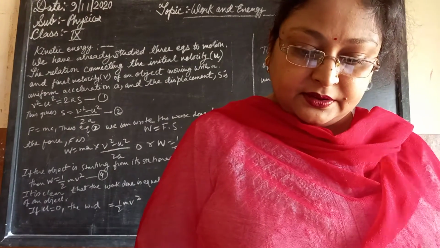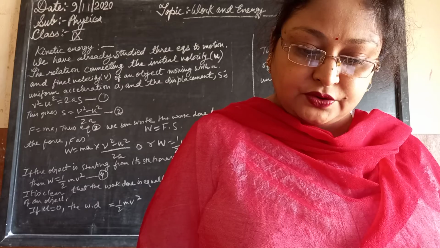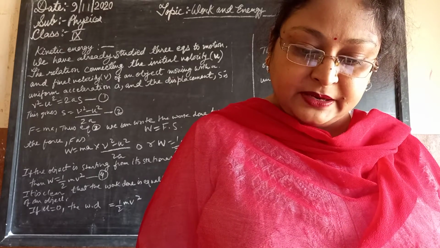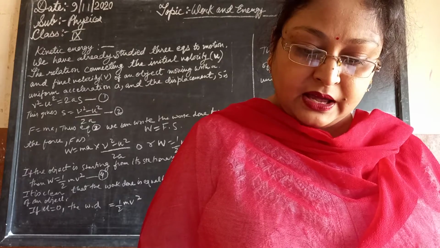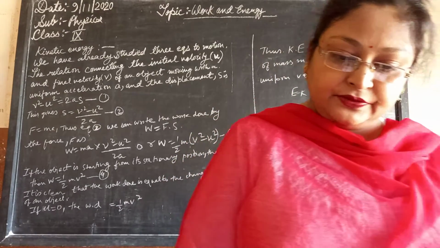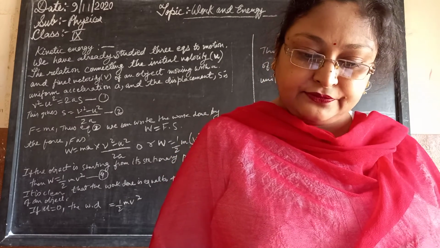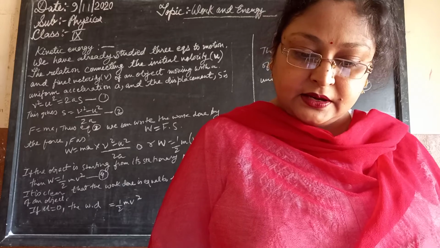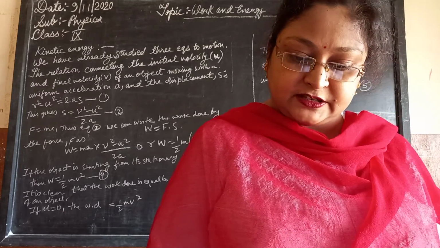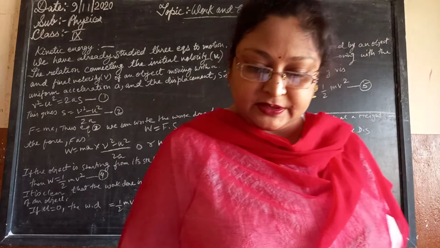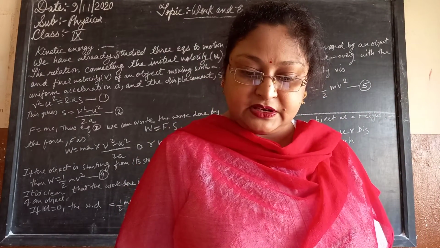Okay. Then a pair of bullock carts exerts a force of 190 Newton on a plough. The field being ploughed is 15 meter long. How much work is done in ploughing the length of the field? So work done is equal to F into S, where F is given as 190 Newton and displacement is given as 15 meter, the length of the field.